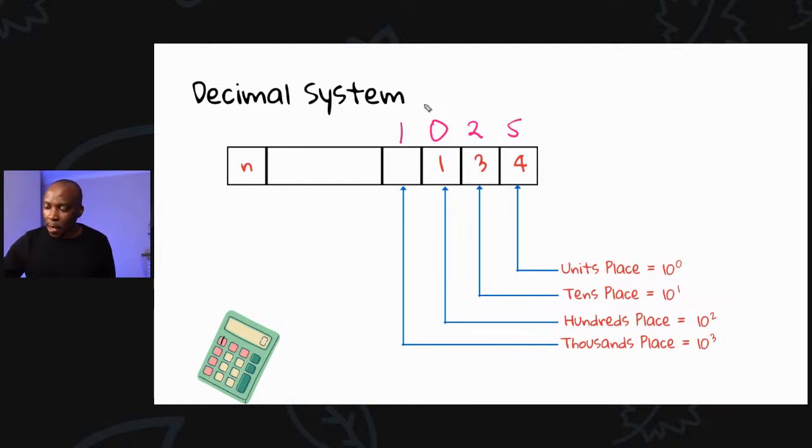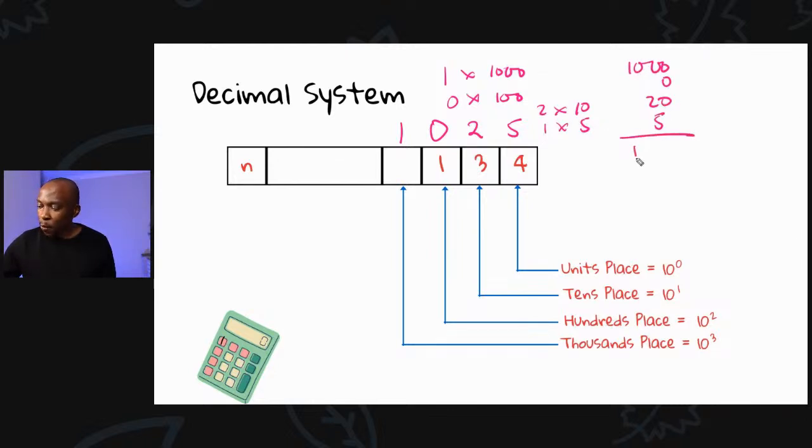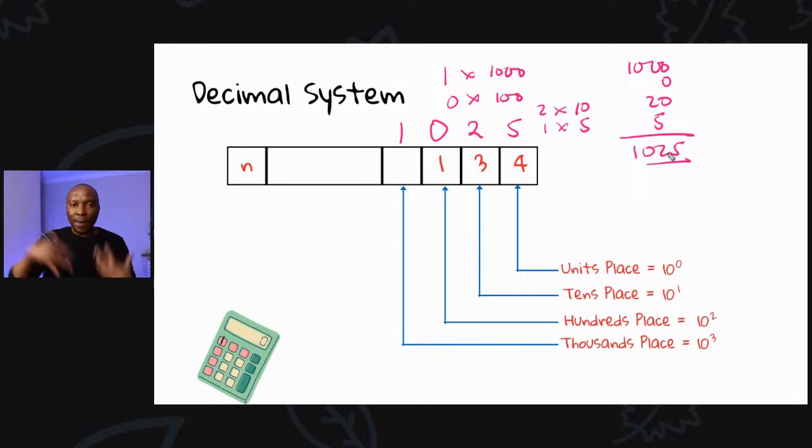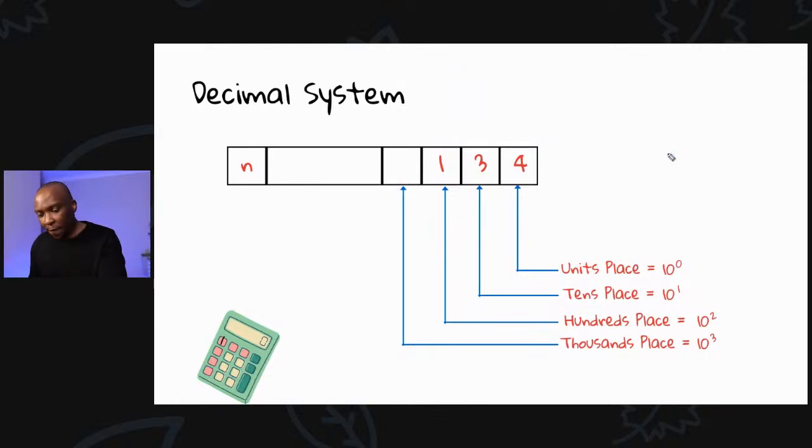We are saying we have 1 times 1,000, 0 times hundreds, 2 times tens, and 5 units, or 1 ones times 5. So when we add 1,000 plus 0 plus 20 plus 5, we get 1,025. To us, naturally by language, we say 1,025, but in the background, that's how you calculate that mathematically in a decimal environment.